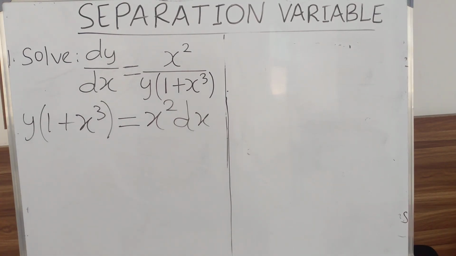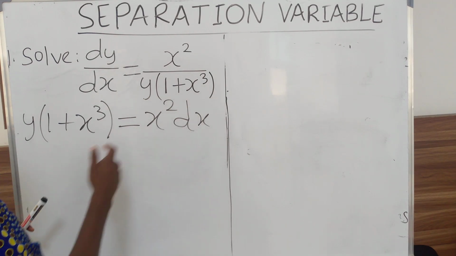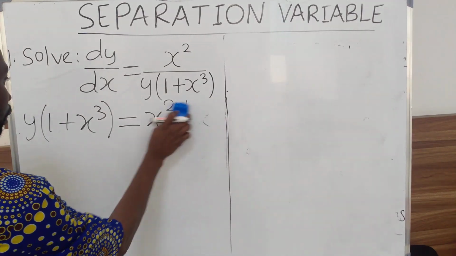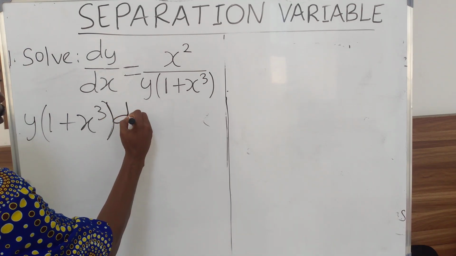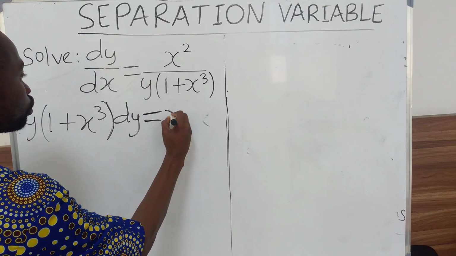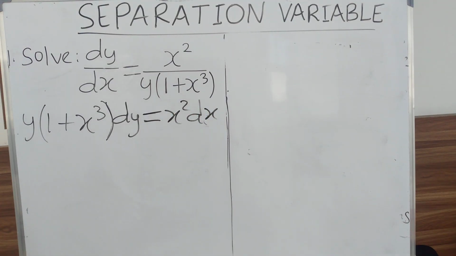Okay, that is dy. We have dy is equal to x squared dx.